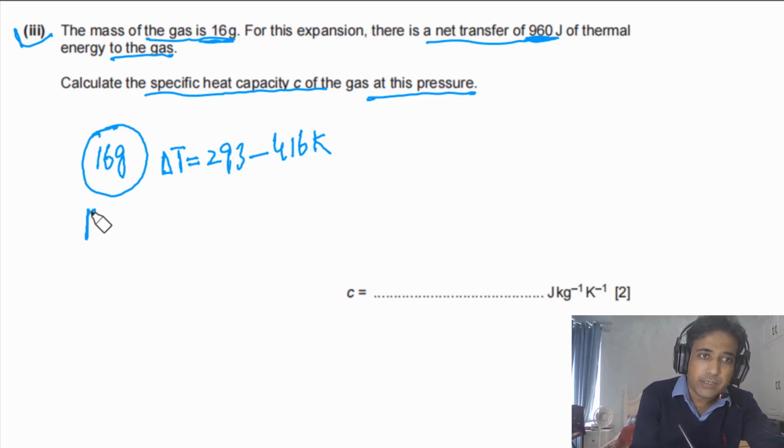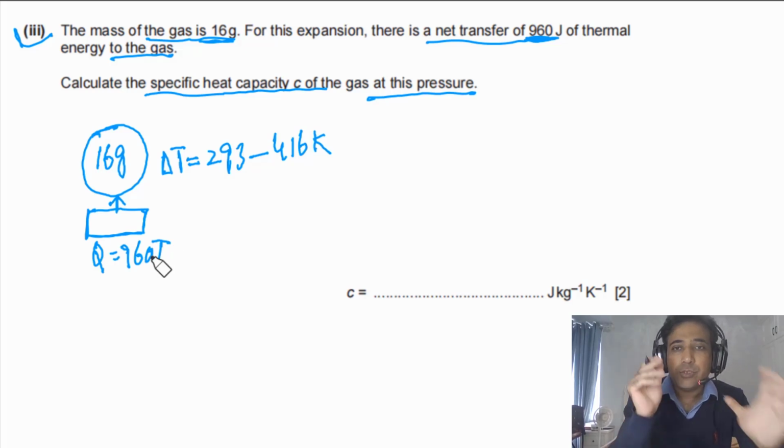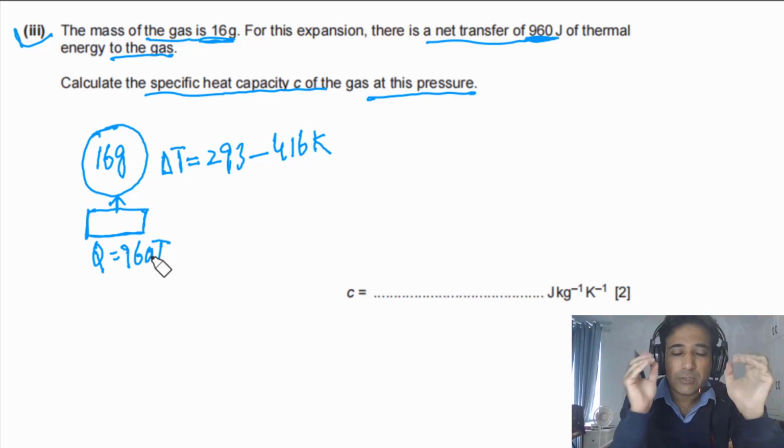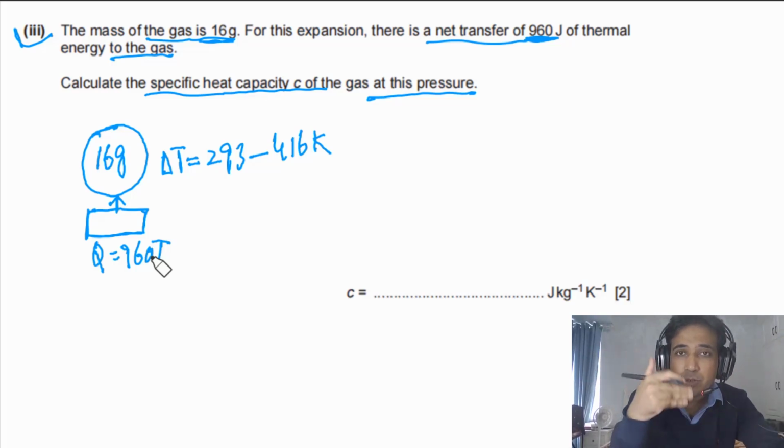So in this case we can also write down here the amount of thermal energy supplied to this gas, Q, that is equal to 960 joules. So in this way you can visualize, not just look at the formula, use the formula and find the answer. So you can visualize what is happening.